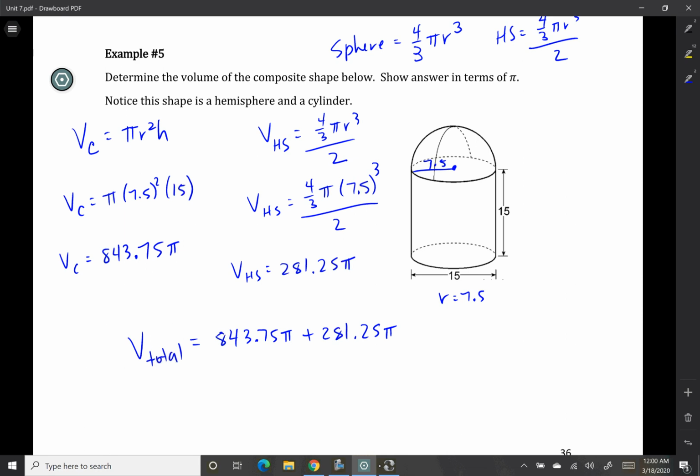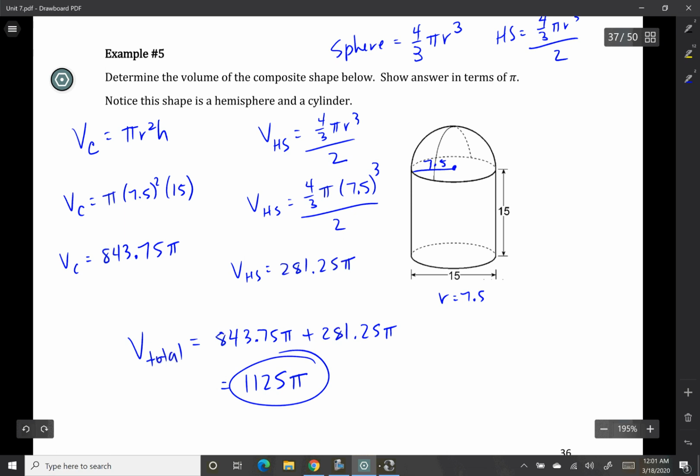Pretend pi is an x. I'm just adding the two numbers together. So if I do 843.75 plus 281.25, I get 1,125, but it's in terms of pi, so we'll say 1,125 pi.